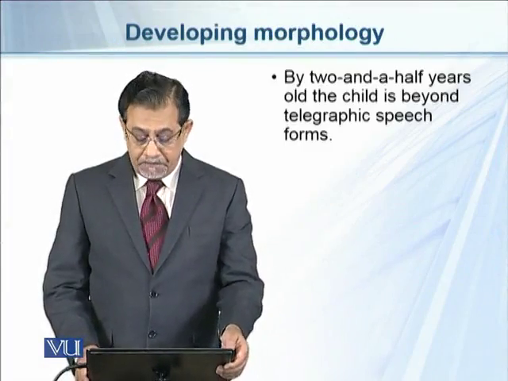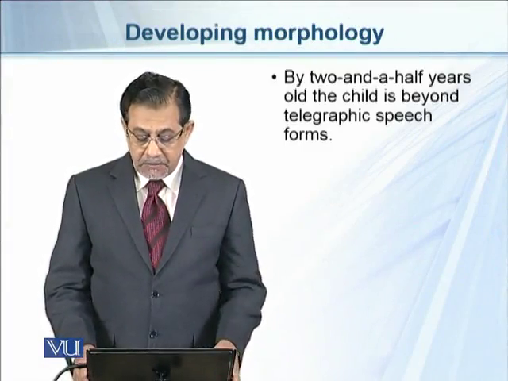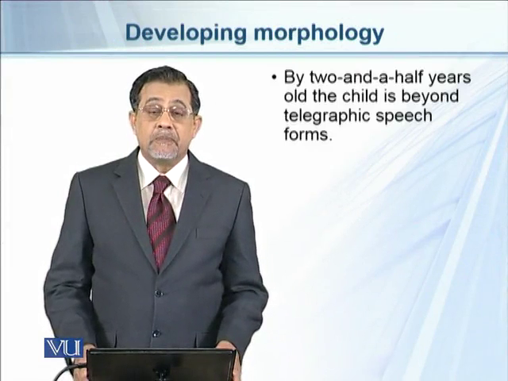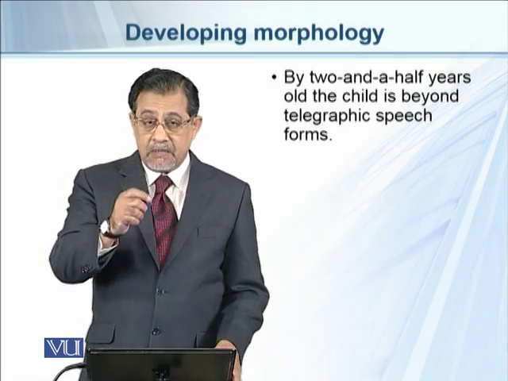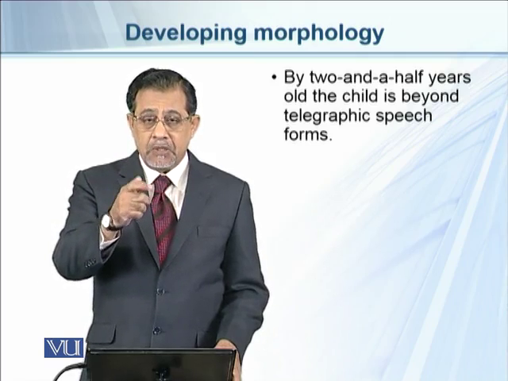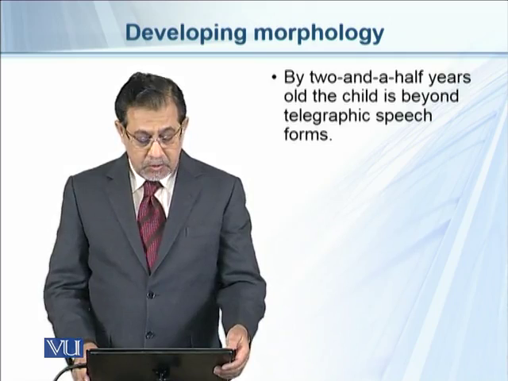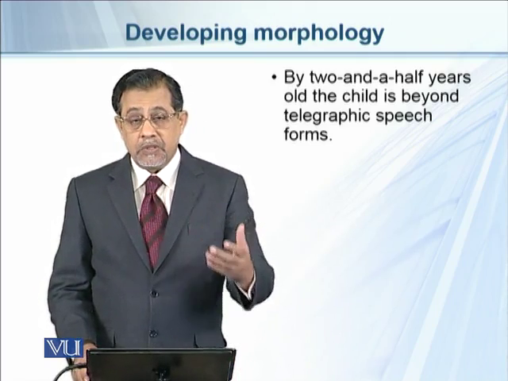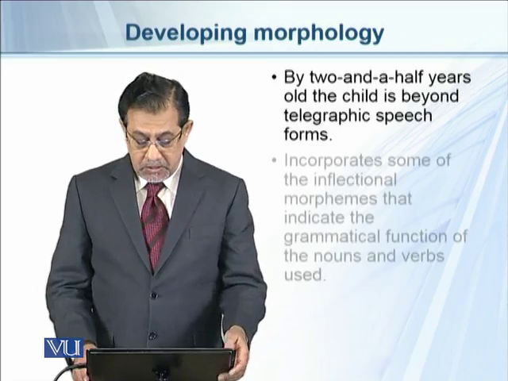Developing morphology. By 2.5 years old, the child is beyond telegraphic speech forms. In telegraphic speech form, the child uses multiple words. So when the child is 2.5 years, he has crossed this stage.